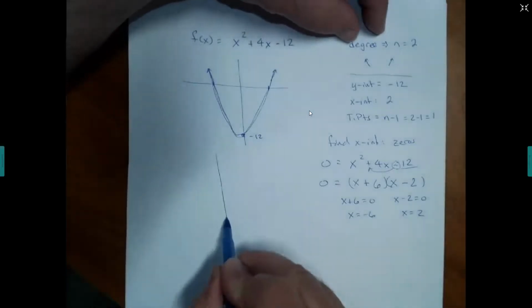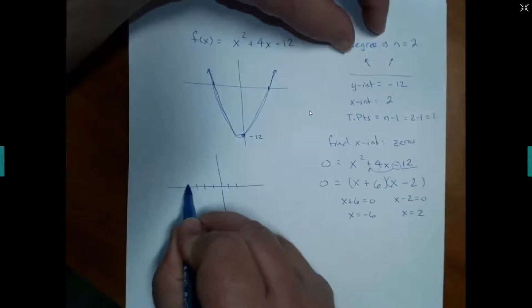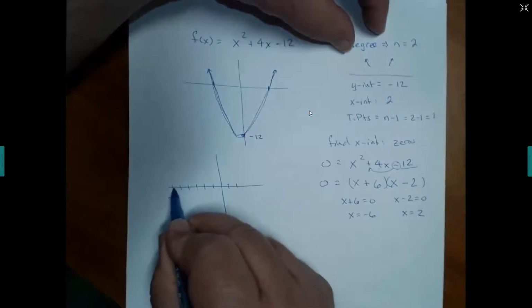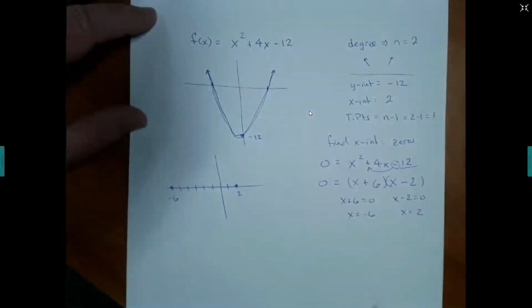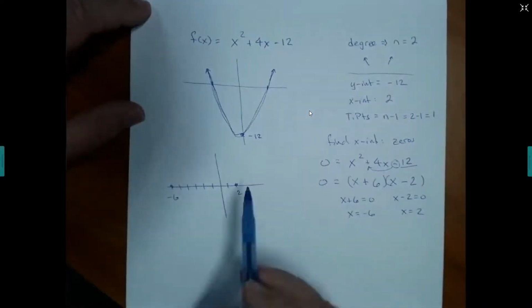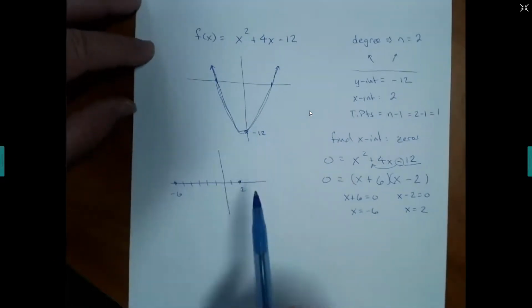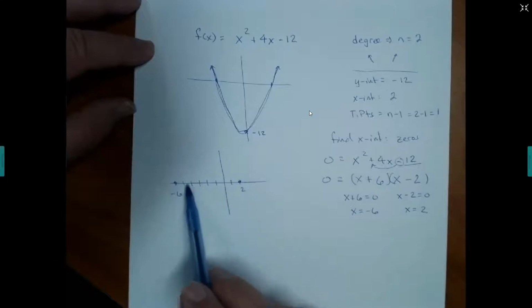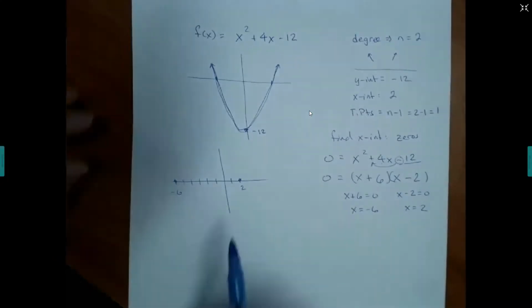So a better picture here. Our x-intercepts are there. Since it's a quadratic equation, it's a parabola, we know that halfway between these two x-intercepts has to be our vertex.